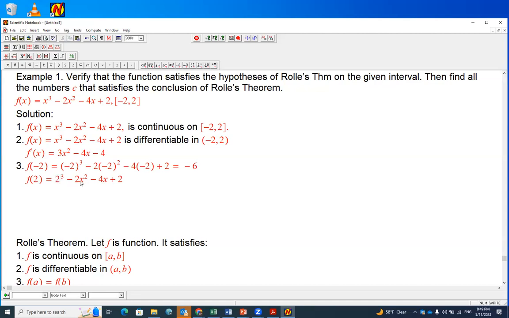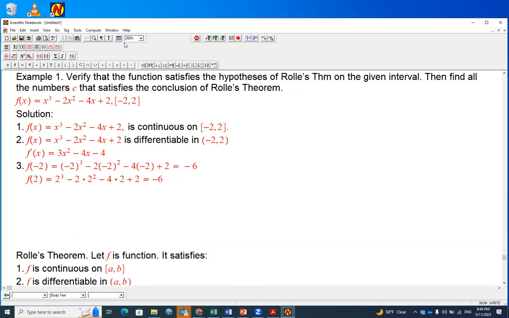So that's 2 multiplied by 2, and this also equals -6. Better yet, point out that f of -2 is the same as f of 2.